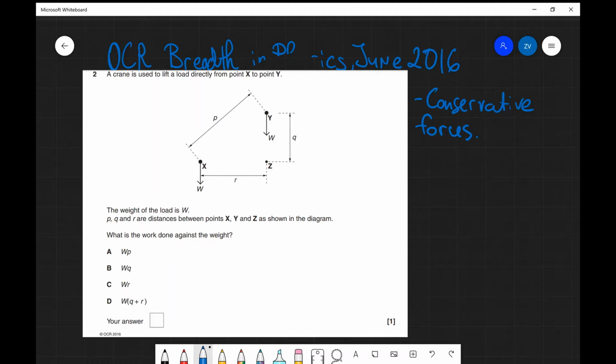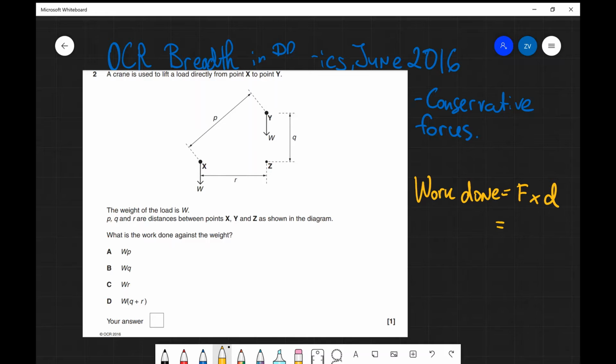independent of the path. So that means that whatever path we take between X and Y, we can go along here, we can move along a different path, but as long as we start from point X and finish at point Y, the work done is always going to be equal to the force multiplied by the distance in the line at which that force acts.